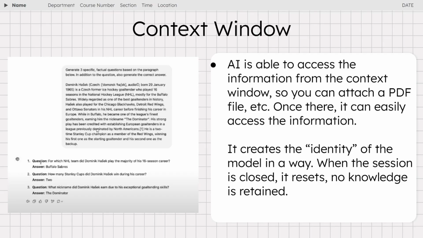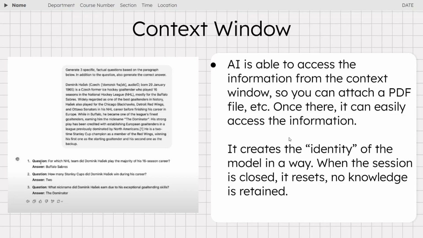Once there, it is easily accessible to the AI. Any information you provide here, the AI will see and even use to generate responses. So if you're looking for a specific niche topic that it doesn't have in memory, you could just give it to the AI and it would generate responses from the information you give it.